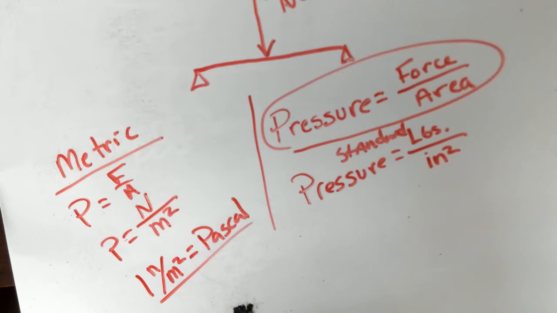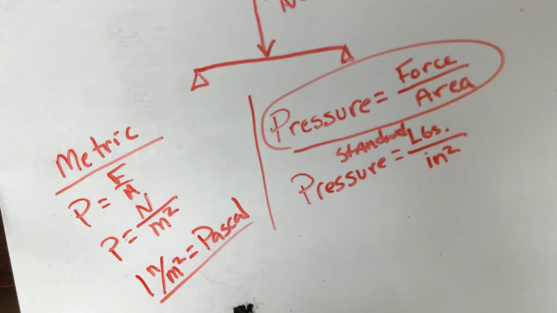So, again, the force that's being applied to an object is going to be in either pounds, you're going to see it in pounds, or in the metric side, you're going to see it in newtons. Okay?